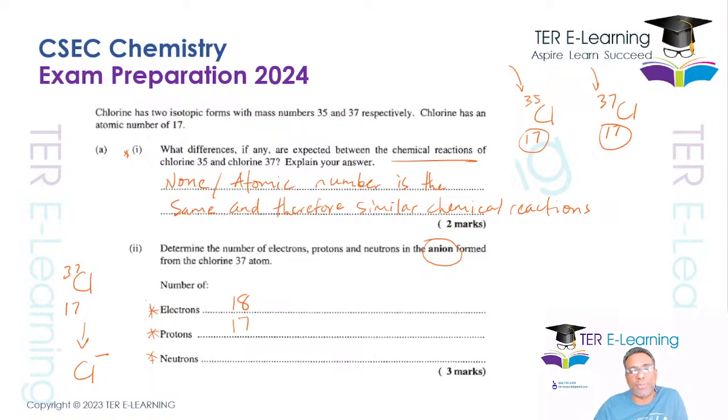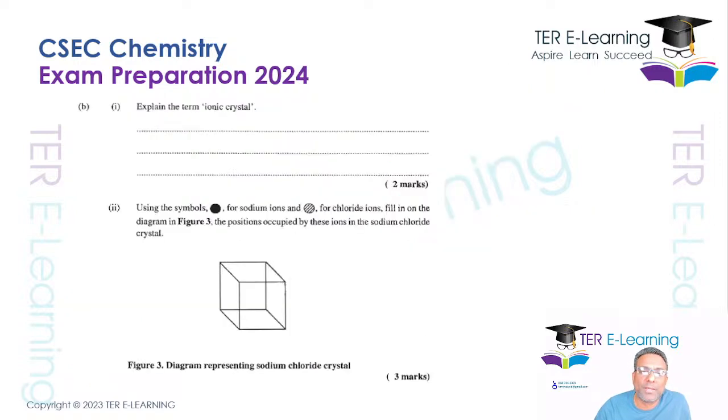How many neutrons do we have? People are saying 20. Yes, to get the number of neutrons, we take the mass number, which is 37, minus 17, and you get 20. That's the correct answer. So read your questions carefully. You don't want to lose marks silly in the exam. So that's part A.